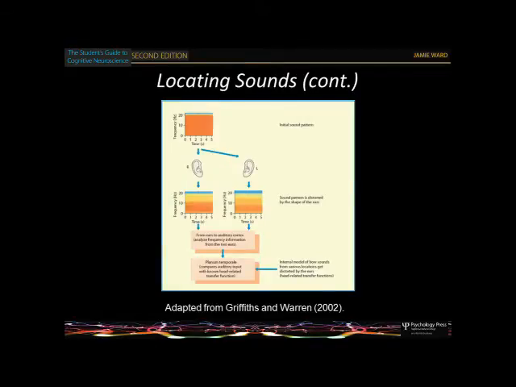So what you might have here is what the sound looks like: this is time, this is frequency, and the different colours represent loudness. But the idea is that that sound will sound different in your left or right ear because the frequencies get distorted by your head according to where the sound is coming from.